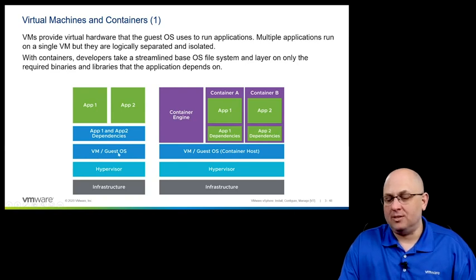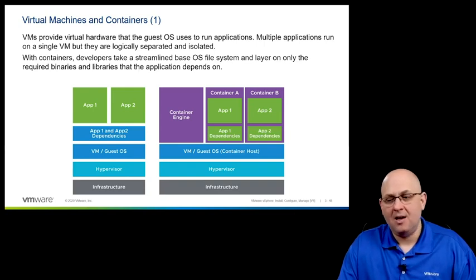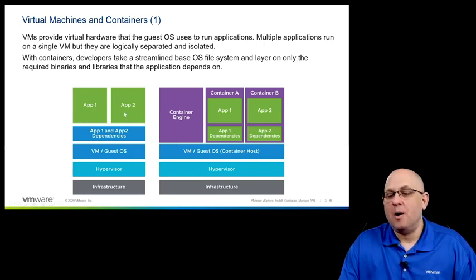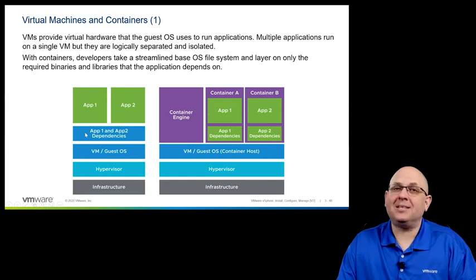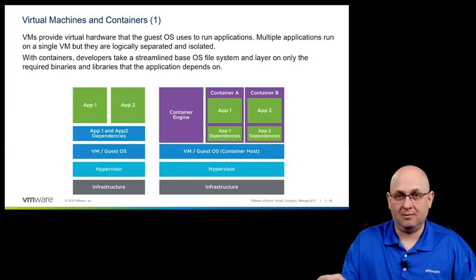We'll build that VM, we'll install the guest OS, we'll install the dependencies for a particular application, okay? Maybe I need to install on Windows a Java runtime library, okay? And then I'll install the applications. All of those applications that are running there will then rely on the dependencies that you've installed. And in many cases, two versions of the same set of libraries can conflict with one another.